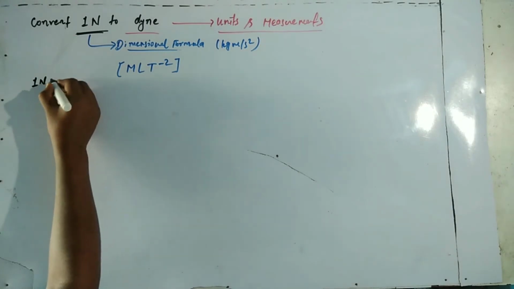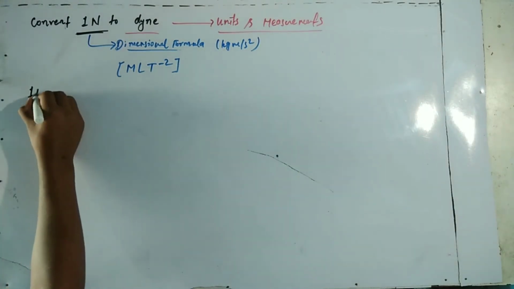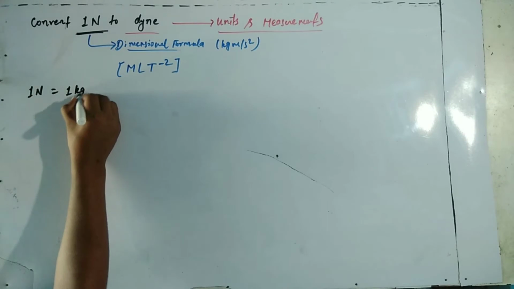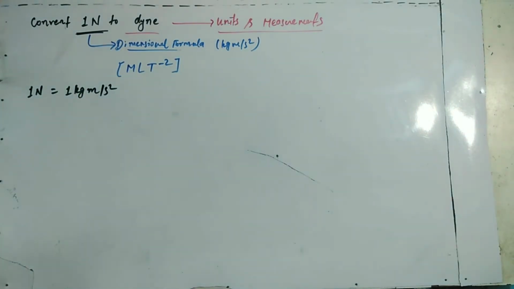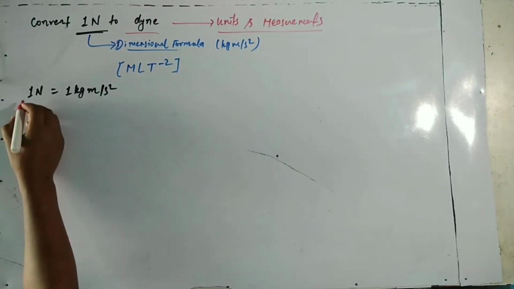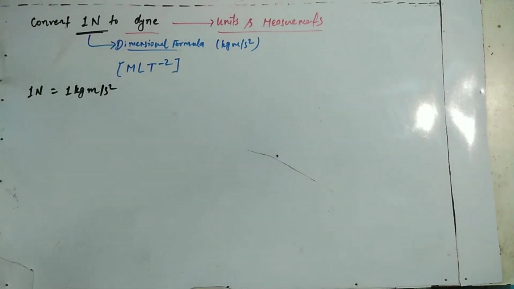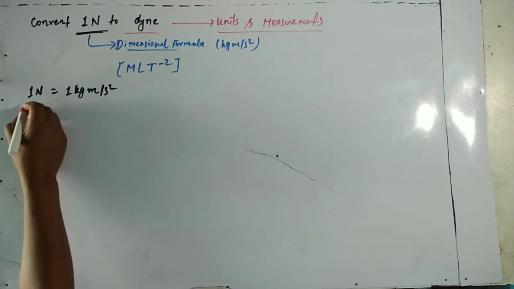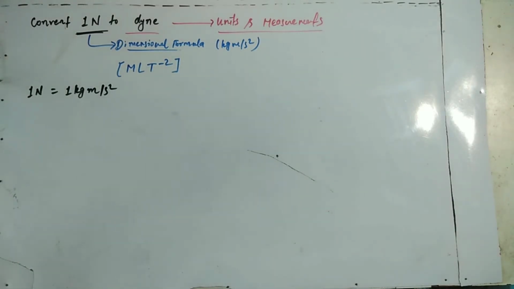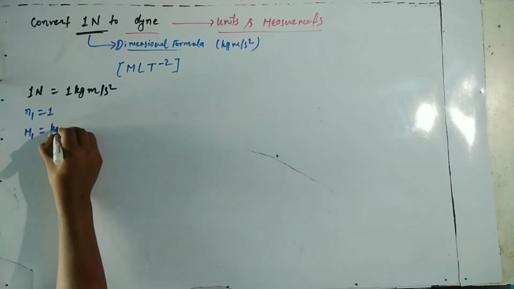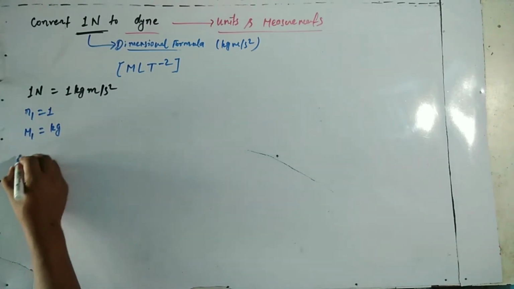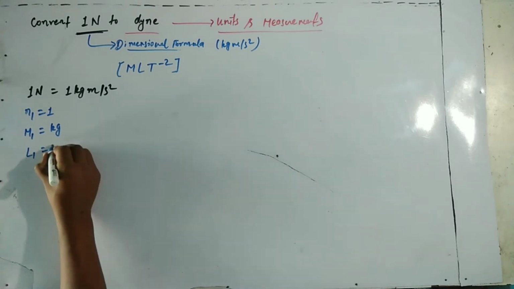It will convert by the formula of unit conversion, n1 u1 equals n2 u2. So here 1 Newton equals 1 kg meter per second square. Here n1 equals 1, and M1 is kg, because M is the dimension of kg.